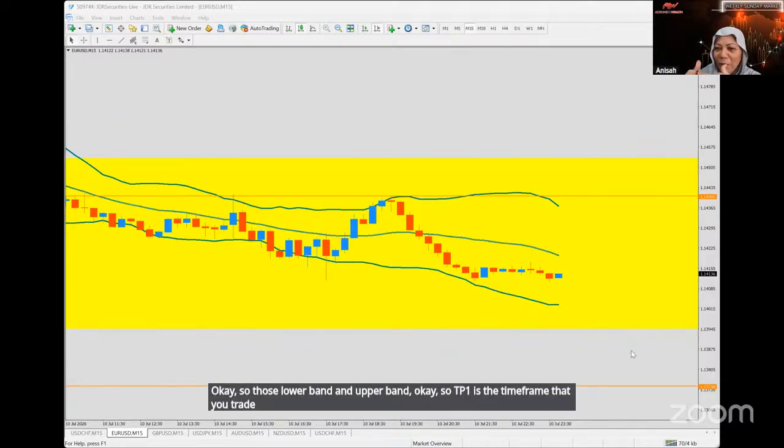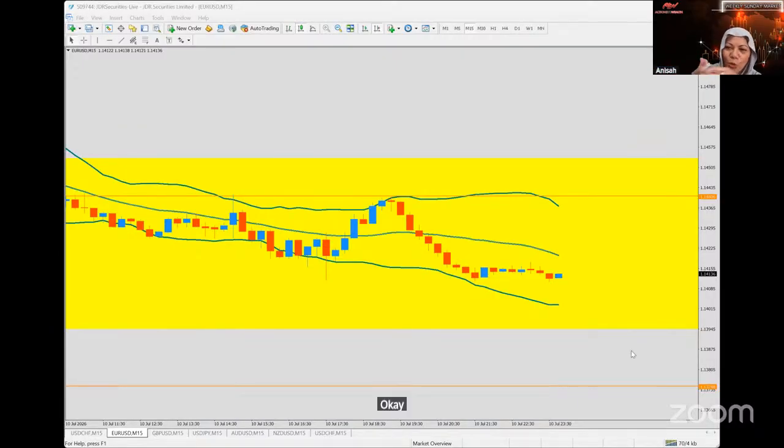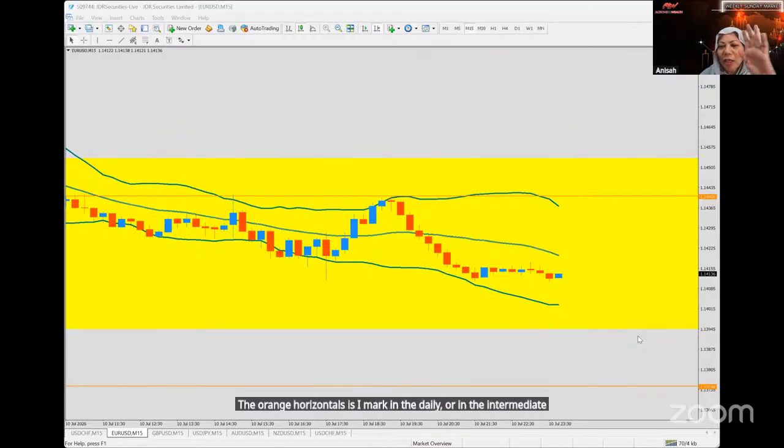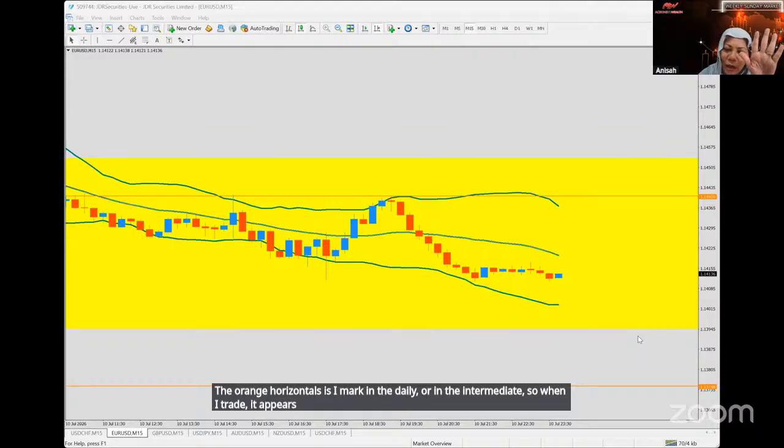The second TP, I always take the band line on the higher time frame, like H1, your intermediate trend, or the daily trend. The orange horizontals I mark in the daily or in the intermediate, so when I trade, they appear on my trading time frame chart.